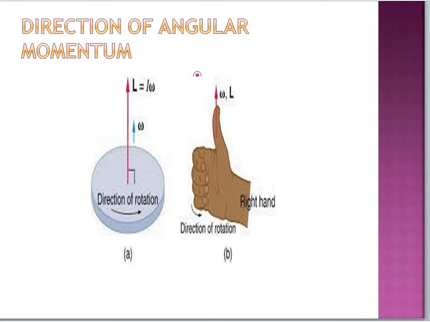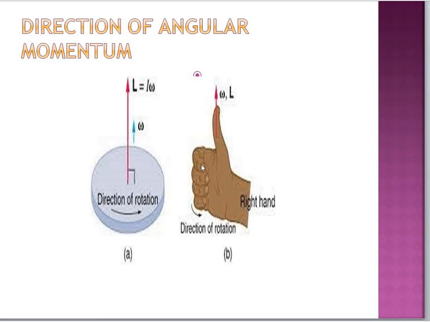So when you fold your fingers in the curling direction from the direction of r to the direction of p in the smallest angle, with the thumb in the perpendicular direction, then the thumb will give you the direction of angular momentum. Suppose this is the direction of r and this is the direction of p, then r cross p.